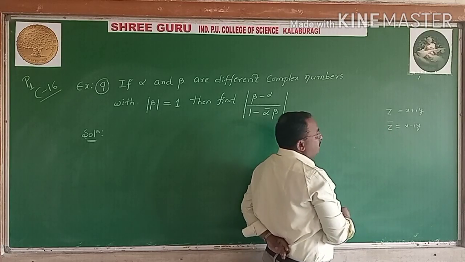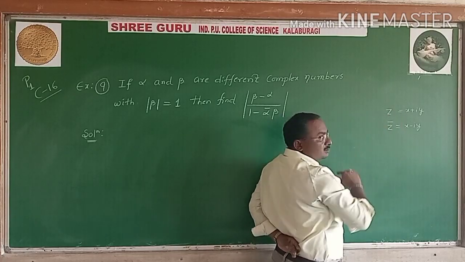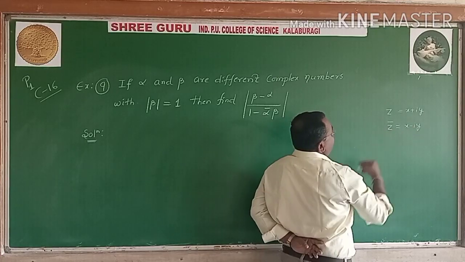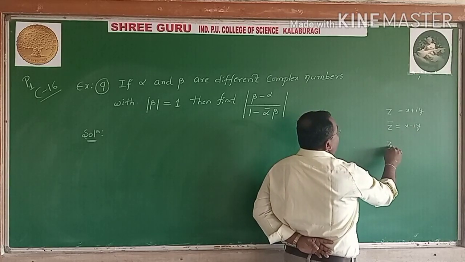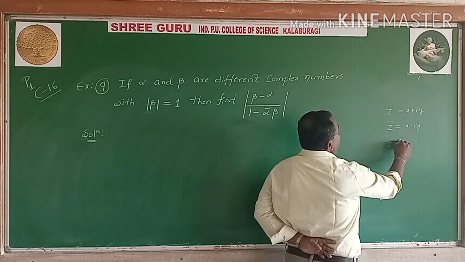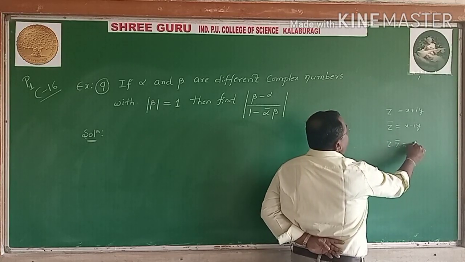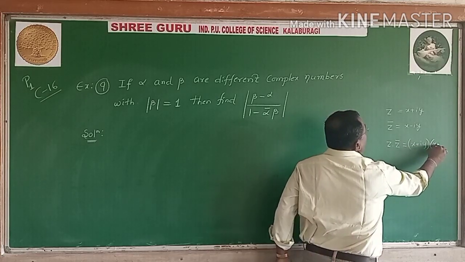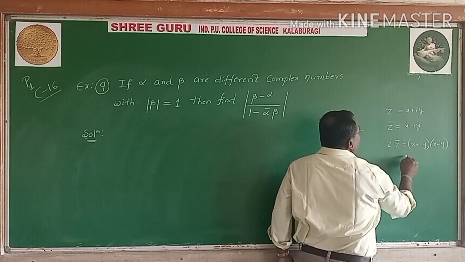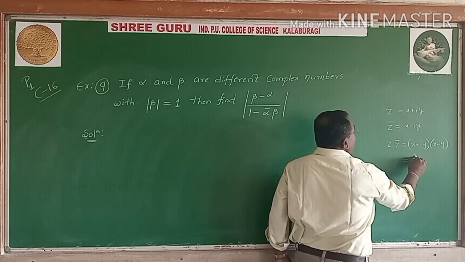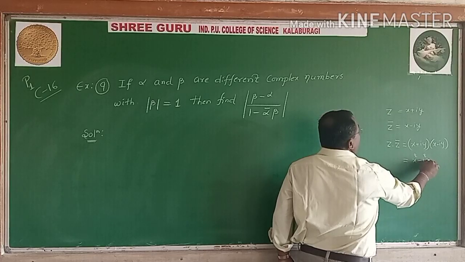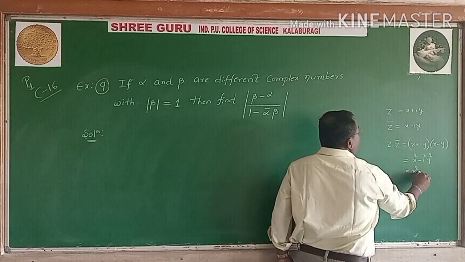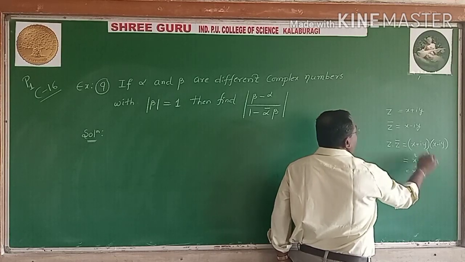Then z into z bar is (x plus iy) into (x minus iy). This is (a plus b)(a minus b), a square minus b square. i square is minus 1, so minus times minus gives plus.